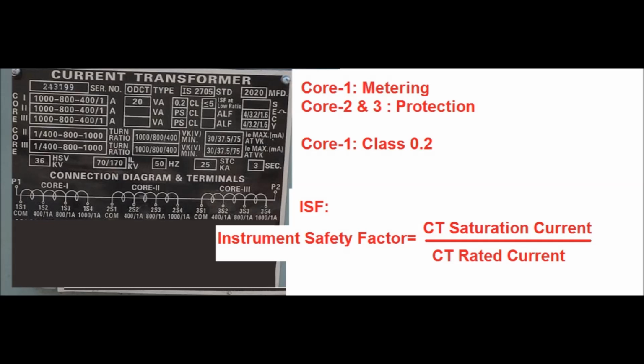So to safeguard the instrument connected in the secondary of the metering core, the CT saturates beyond 5 ampere. If a 400/1 CT ratio is chosen, then if the primary current is 2 kiloampere, the CT will saturate. Therefore there will be no increase in the secondary current, though the primary current increases due to the fault condition.